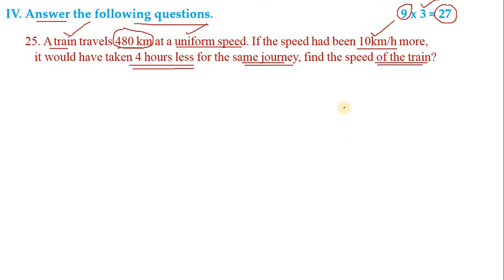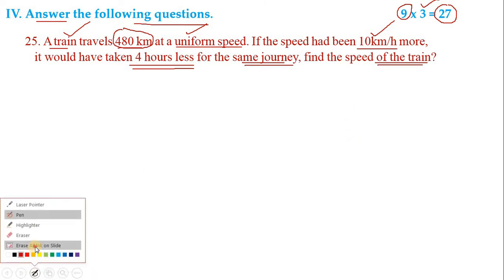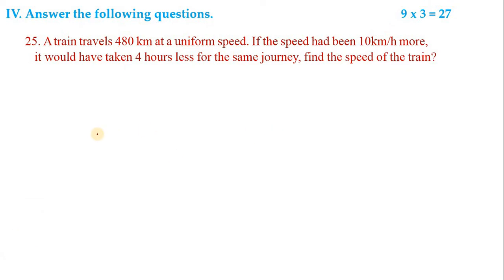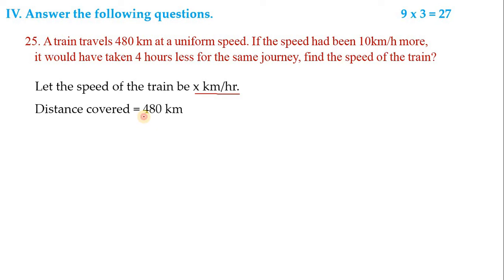This problem is from the quadratic equations chapter. Let us consider the speed of the train to be x km per hour, and the distance covered is given, that is 480 km. In the problem they clearly said it takes 4 hours less when the speed increases by 10 km per hour.